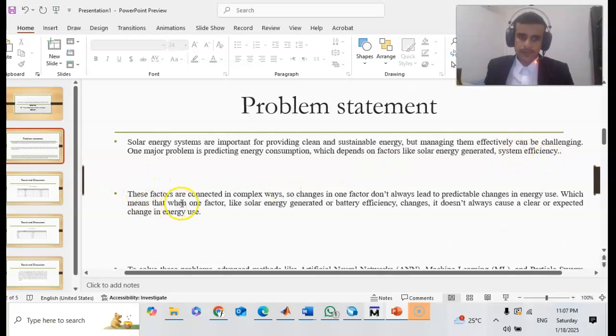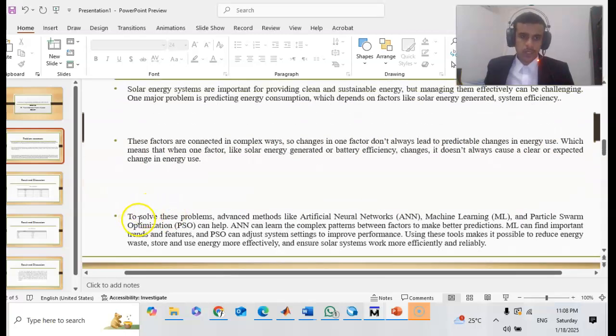These factors are connected in complex ways, so changing one factor doesn't always lead to predictable changes in energy use. When a factor like solar energy generated or efficiency changes, it does not always cause a clear or expected change in energy use.